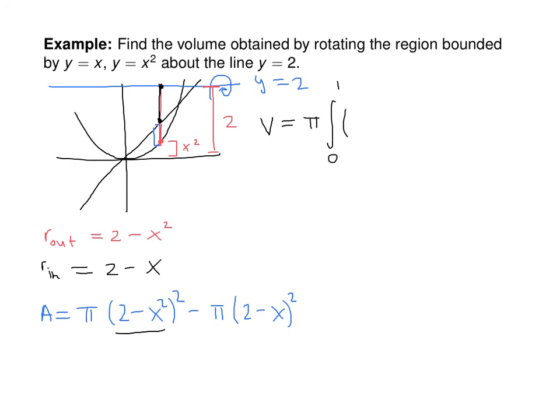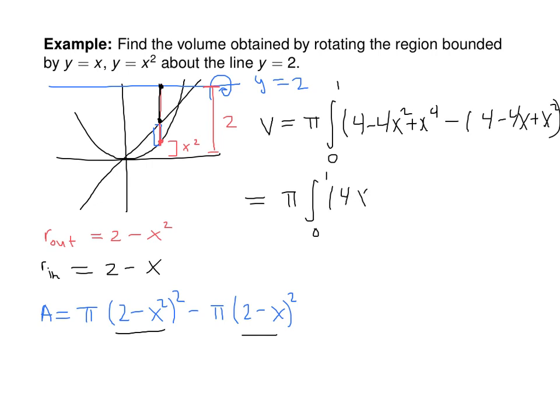If I expand 2 minus x squared, the quantity squared, I get 4 minus 4x squared plus x to the 4th, minus, expanding 2 minus x, the quantity squared, I obtain 4 minus 4x plus x squared dx. Now let's combine some like terms. We have pi times the integral from 0 to 1 of 4x minus 5x squared plus x to the 4th.